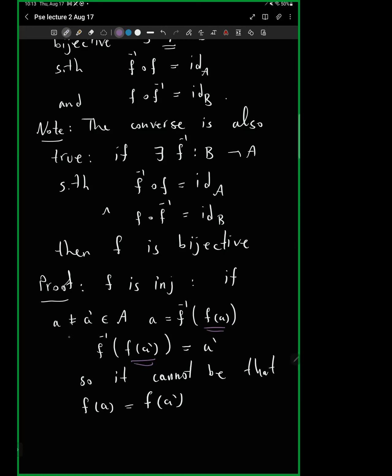But we know that A is not equal to A prime, so f of A cannot be equal to f of A prime. And similarly, I guess we can put it as an exercise, that in this case f is also surjective.